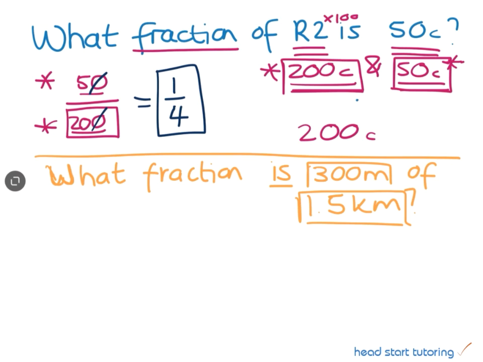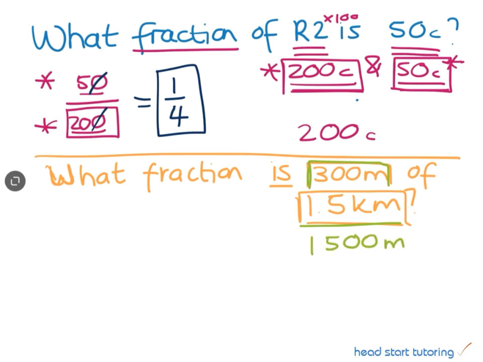So what fraction is the 300 meters that I ran of the possible 1.5 kilometers that I was meant to run? So again, your 1.5 kilometers we are going to convert into meters. So from working from kilometers to meters, we multiply by 1,000. So we end up with 1,500 meters.